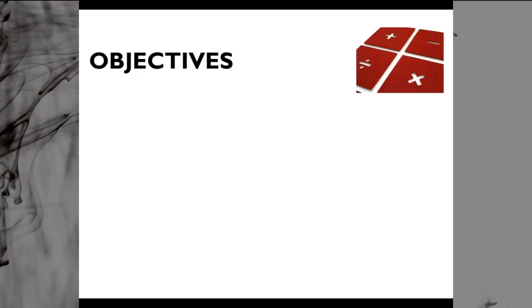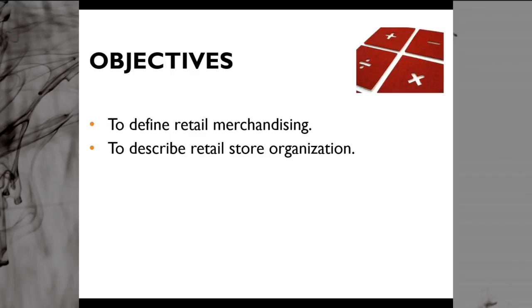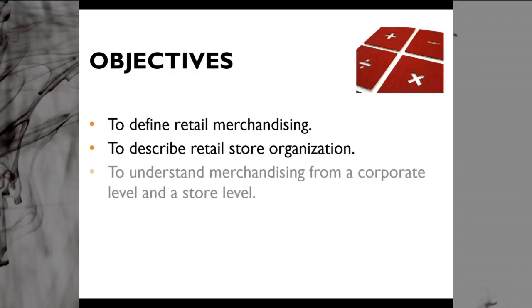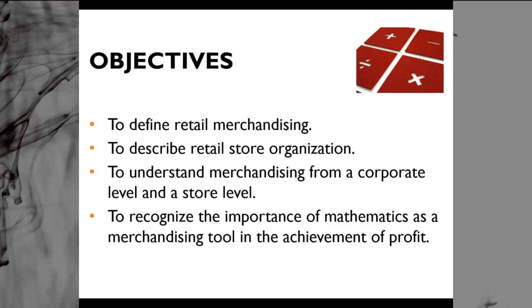And let's go ahead and start to talk about the objectives of chapter 1. For this class and for chapter 1, the objectives include: you need to be able to define retail merchandising; second, to describe retail store organization and to understand merchandising from a corporate level and a store level; and to recognize the importance of mathematics as a merchandising tool in achieving profit.